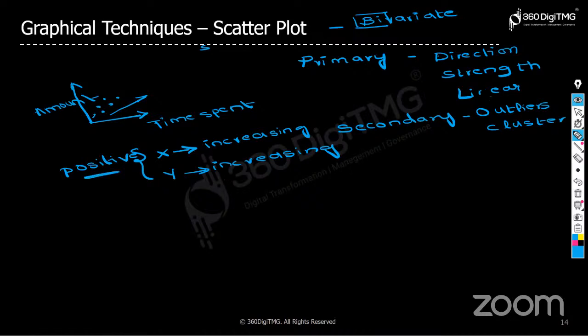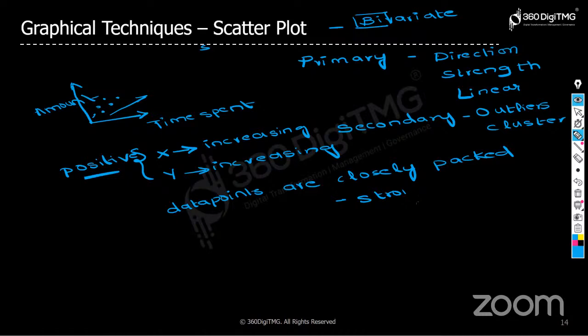And then strength. Related to strength, when the data points are closely packed together, that is called strong strength. So when the data points are closely packed, we will say the strength between the two variables is strong.